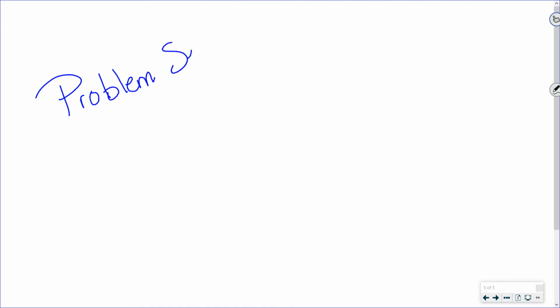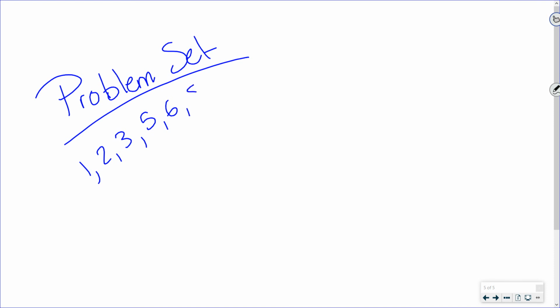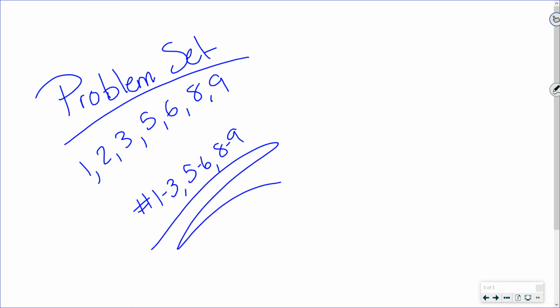It's going to be numbers 1, 2, 3, 5, 6, 8, and 9. So basically numbers 1 through 3, 5 through 6, and 8 through 9. That's your homework for the night. That's only, what, 2, 4, 7 problems. That's it.